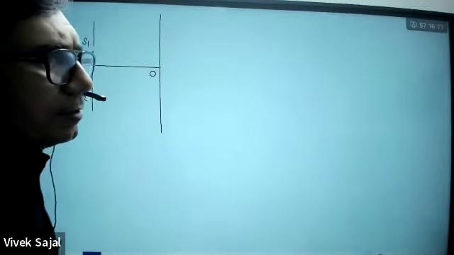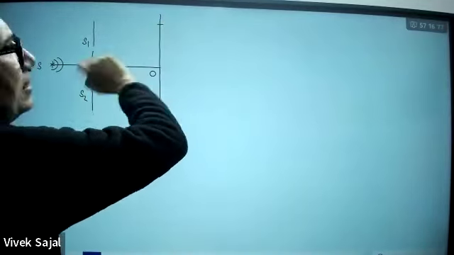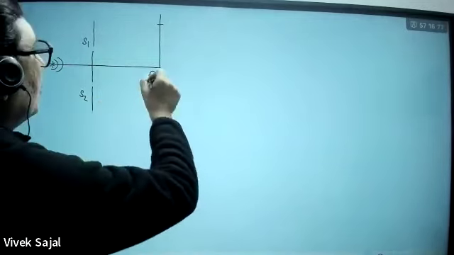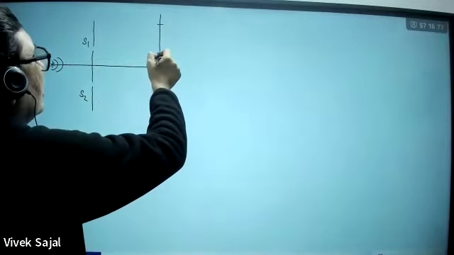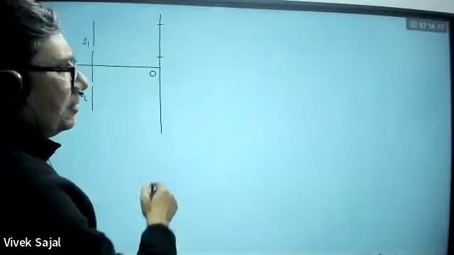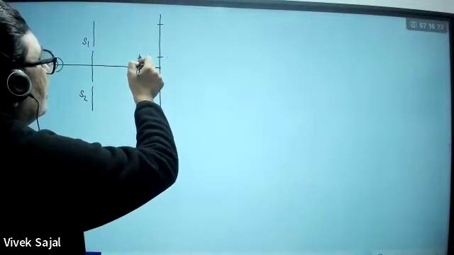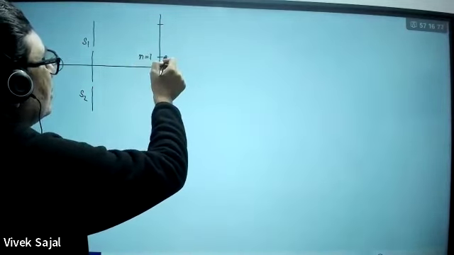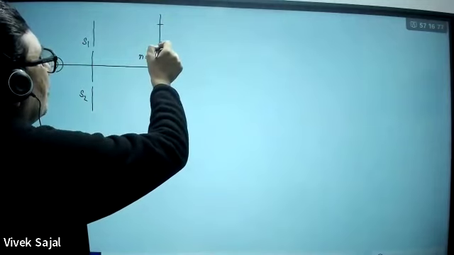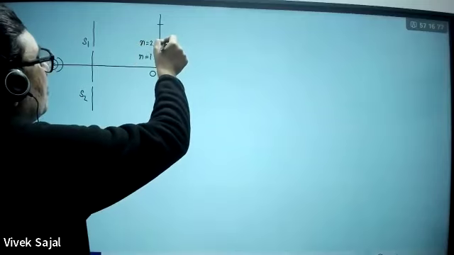This is the center of the screen. Suppose this is the first order maxima, n equal to 1. Then this distance is beta. If you are at n equal to 2, second order, then this will be 2 beta.